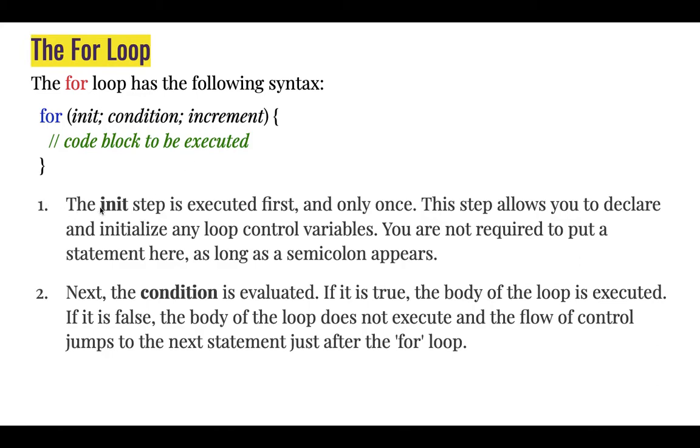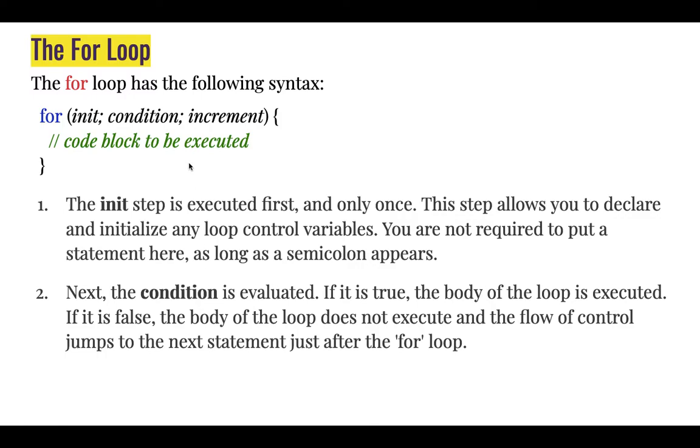The first step, which is the init, is executed first and only once. This step allows you to declare and initialize any loop control variables. You are not required to put a statement here as long as a semicolon appears. Next is the condition to be evaluated.